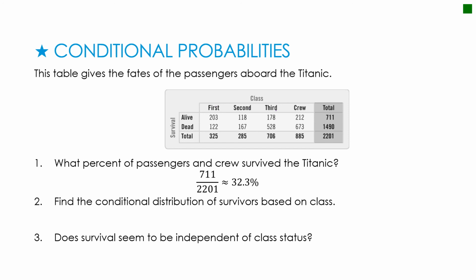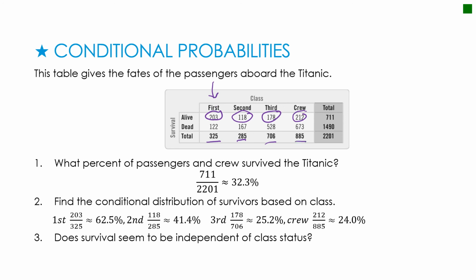The next question says find the conditional distribution of survivors based on class. Essentially they're saying let's find first class passengers alive out of total, second class alive out of total, third class alive out of total, and then crew alive out of total.